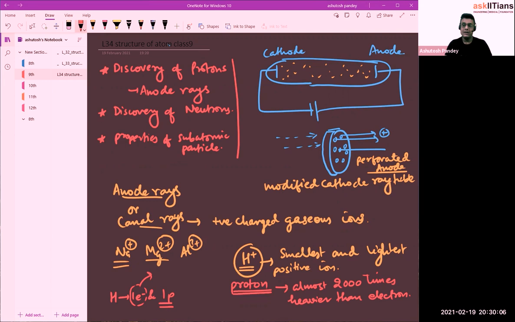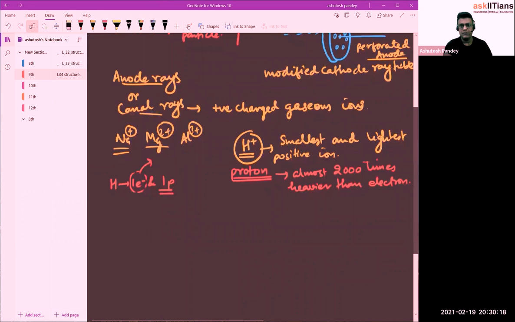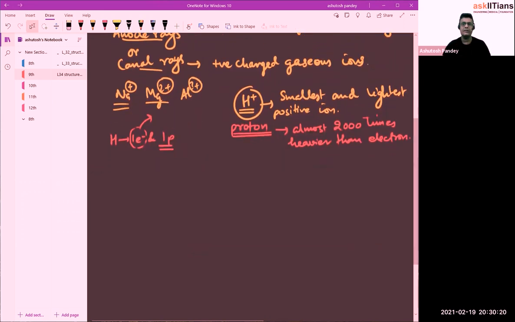So it means that whatever the mass of an atom is, the proton is responsible for the mass, but the electron is not responsible, because the electron is very light as compared to the proton.